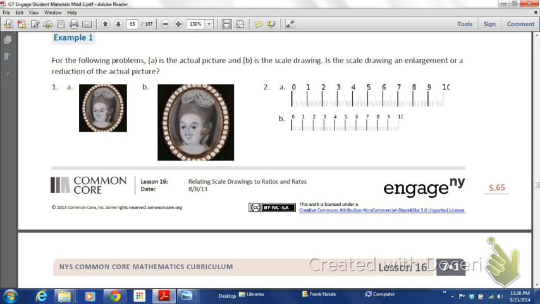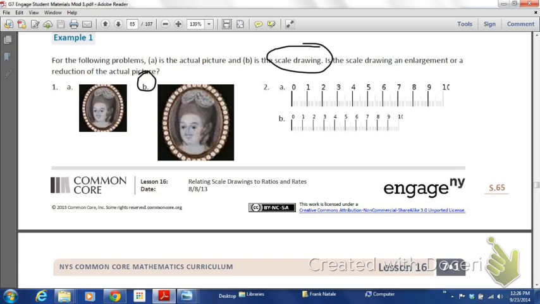Okay, in our example 1 here, for the following problems, A is the actual picture and B is the scale drawing. Now they're asking you here, is the scale drawing an enlargement or a reduction? So we look at the scale drawing.